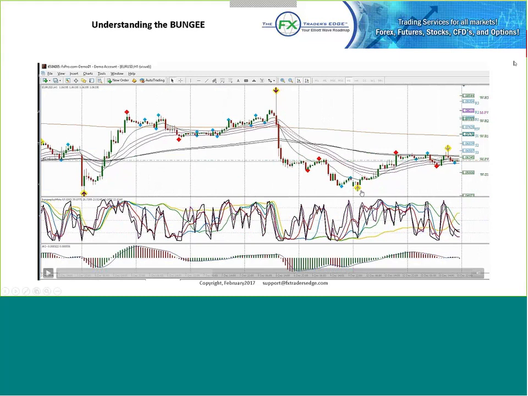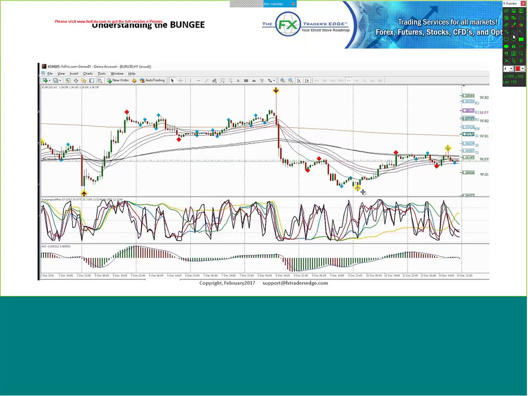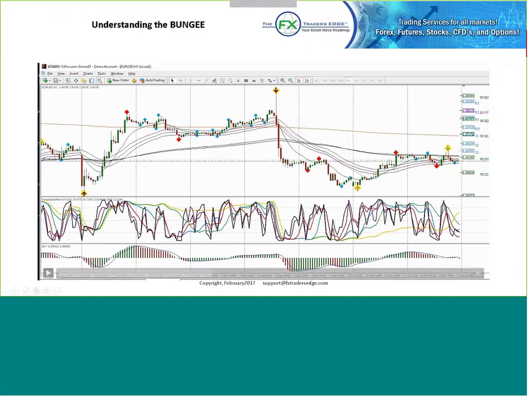I think this is a 15-minute chart. We have made a new low here. Is it just going to do a retrace and come lower? Or is it going to move higher?